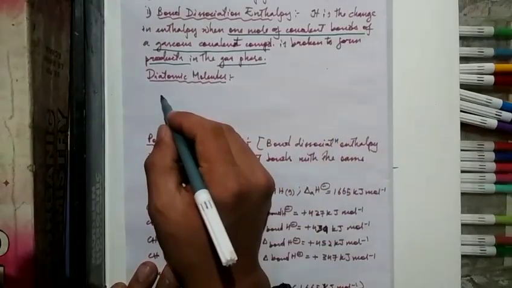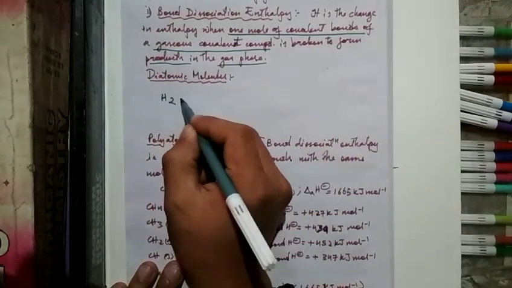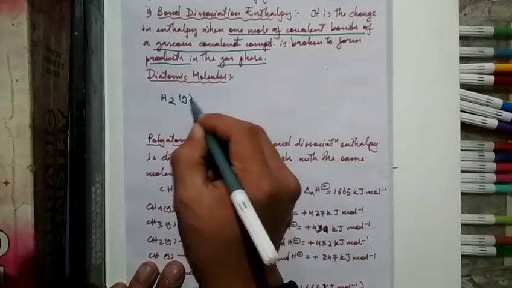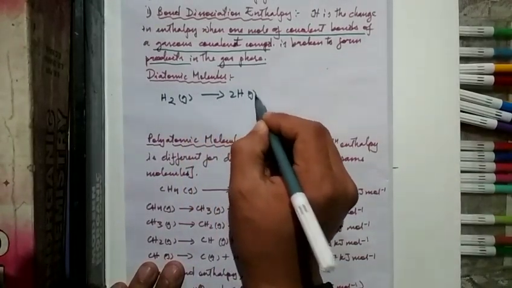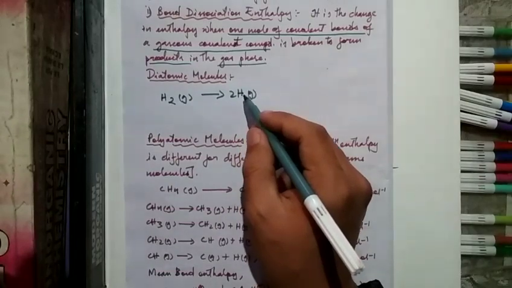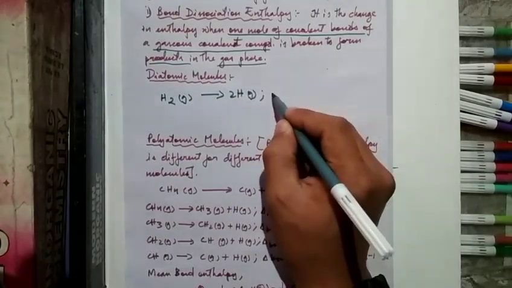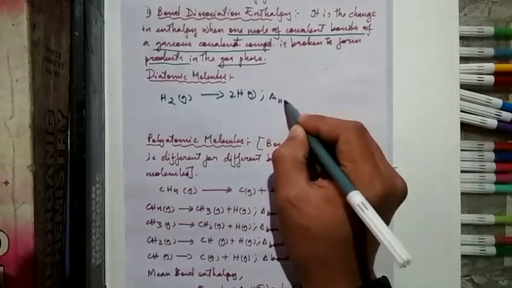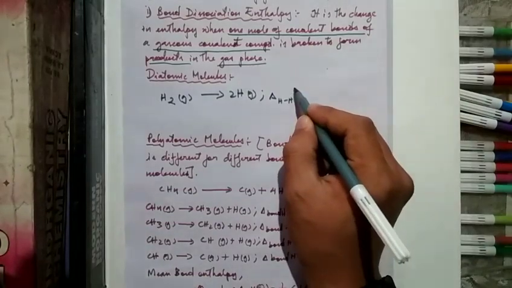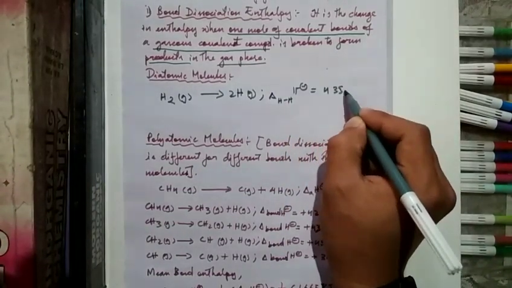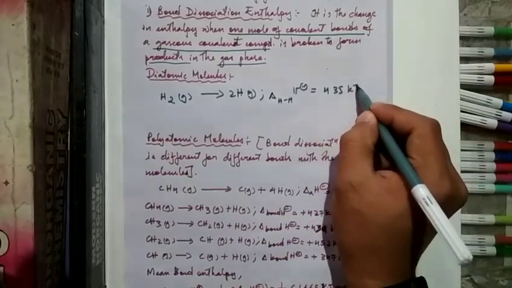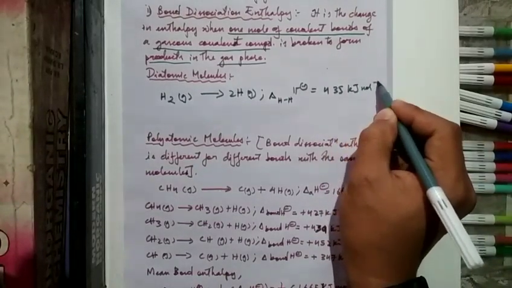The simplest example is hydrogen gas, which breaks into hydrogen atoms. The bond dissociation enthalpy of this will be 435 kilojoule per mole, sorry, not Kelvin.